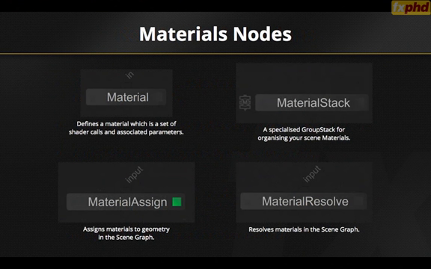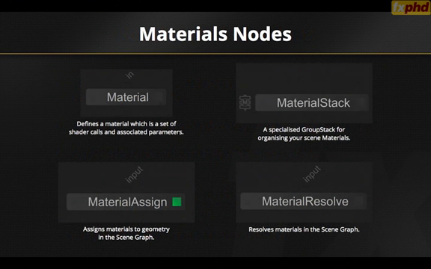So there is what's called a material stack. And a material stack is a specialized group stack, and we'll talk about group stacks again in a minute, for organizing your scene materials. So if you imagine getting all of your materials and jamming them all together into a single node, that is a material stack. You then have a material assign, and the material assign is what you use to say, take this material and apply it or assign it to this piece of geometry in the scene graph.